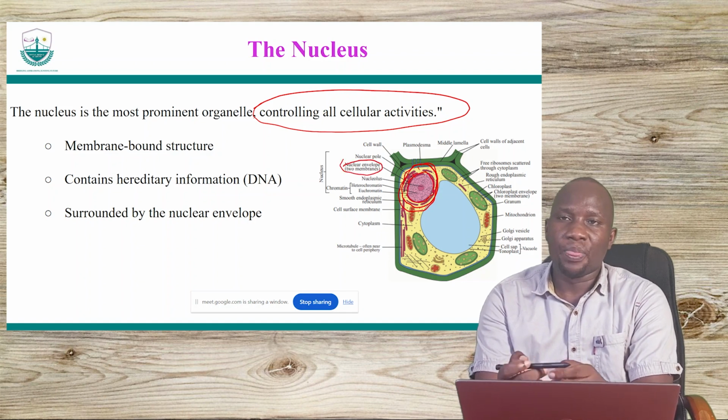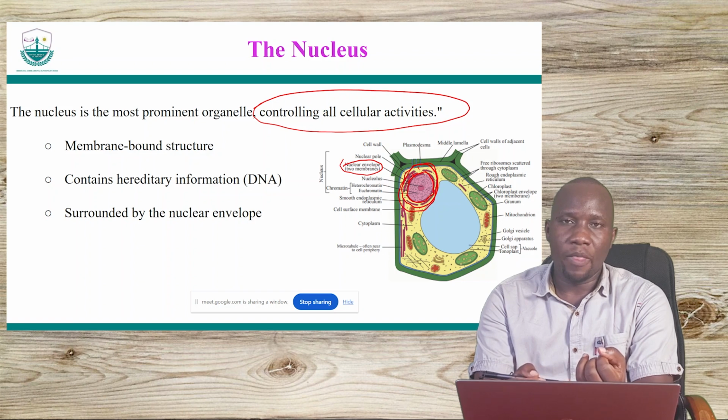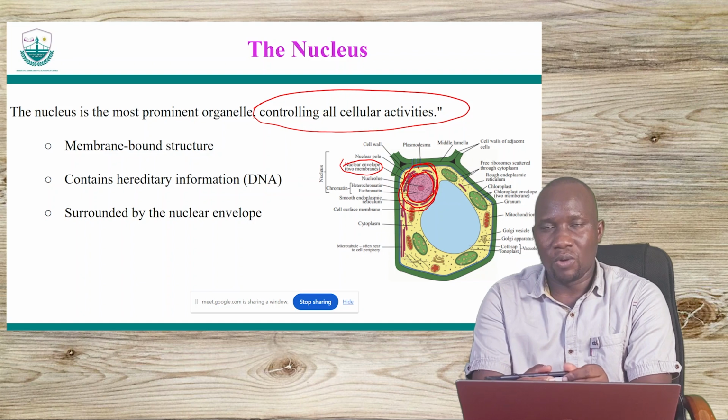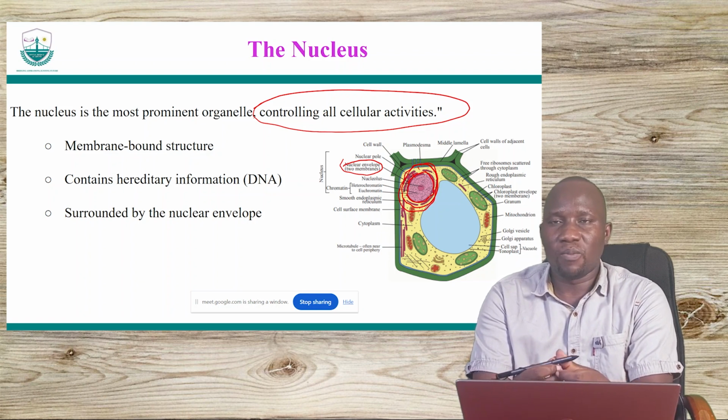They allow movement of material across. So the nucleus has the nuclear envelope that encloses the nucleus, and the nuclear envelope has some holes which we call the pores that allow exchange of material. That means some material can get out of the nucleus into the cytoplasm, or from the cytoplasm into the nucleus.